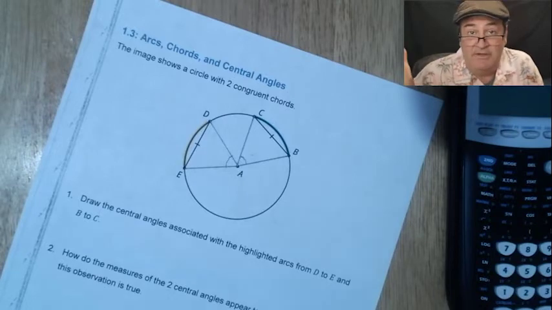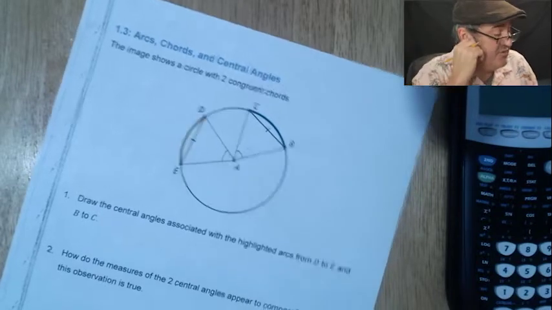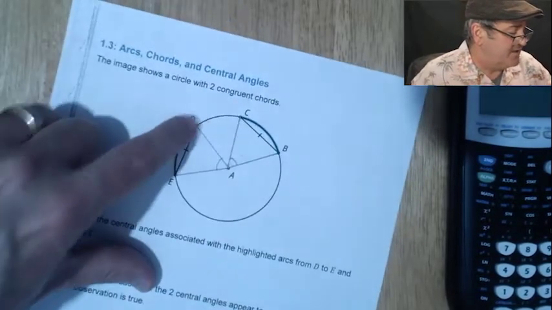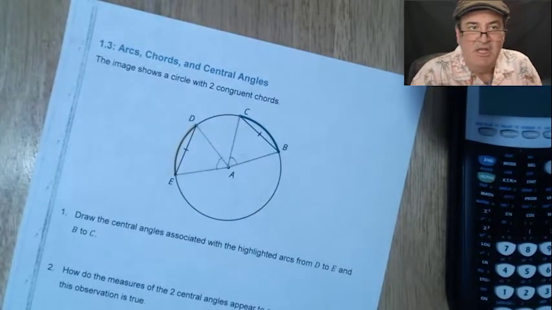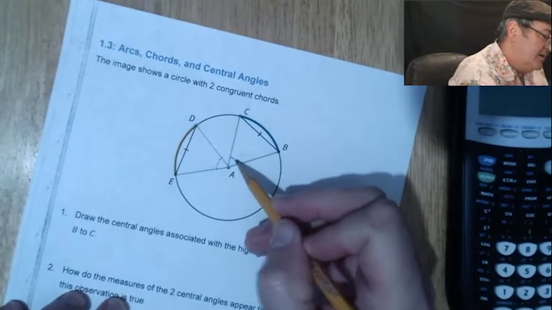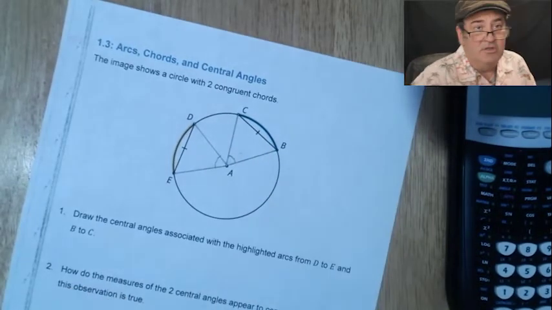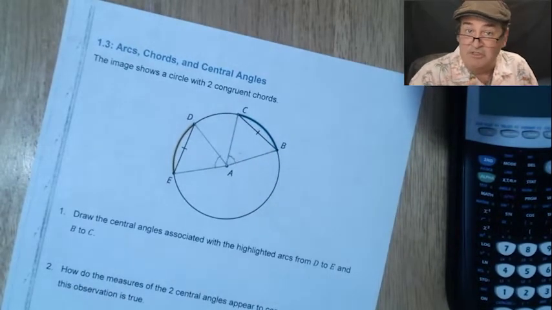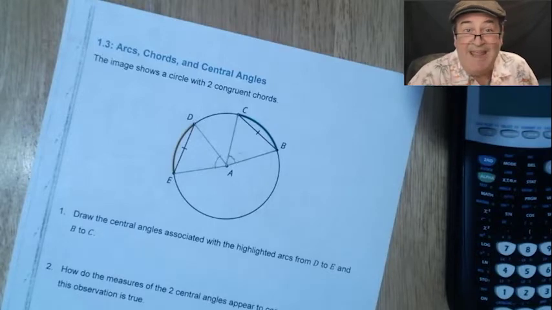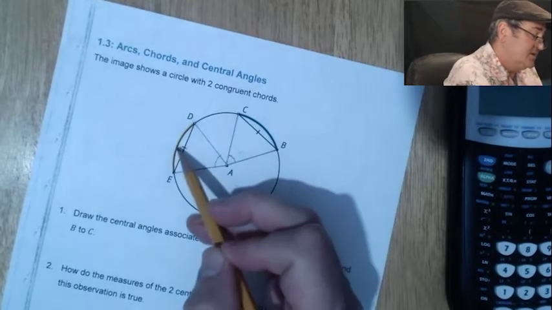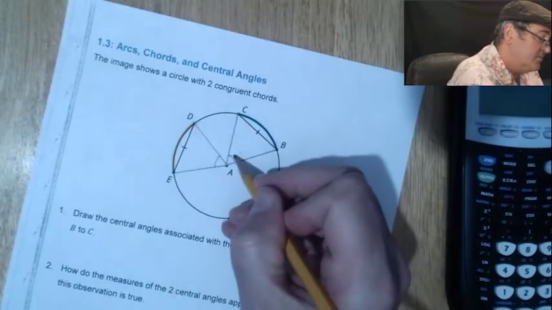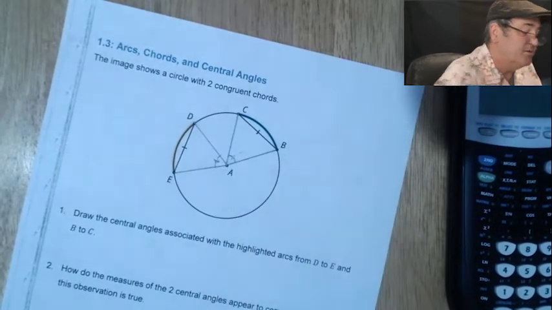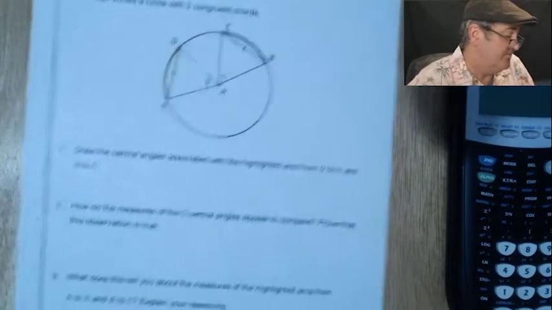Be it 30 degrees, 40 degrees, 37.5 degrees, whatever that is. This arc has to match this arc because it's created with two identical chords. So since central angles equal arc measurements, they have to be the same. So since these arcs are the same, that means these angles would be the same. So we're going to mark those the same.